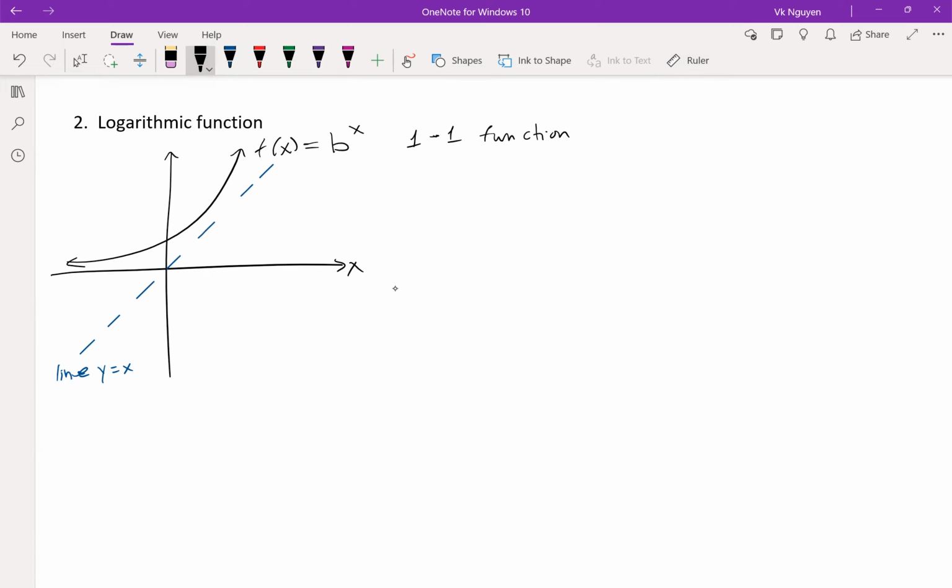If you do the reflection correctly, then it's the number 1 right here. The graph is going to go this way. So this is the graph of the inverse of the exponential function, and we call it the logarithmic function.